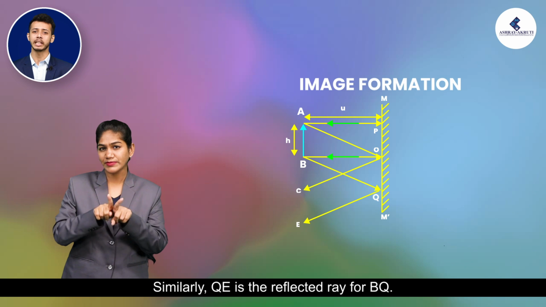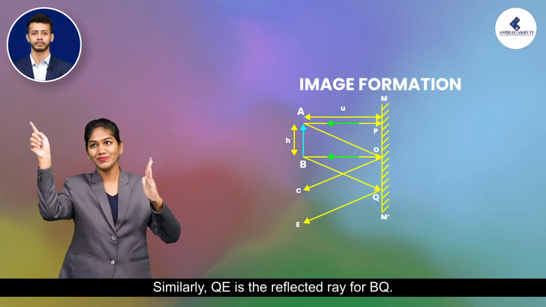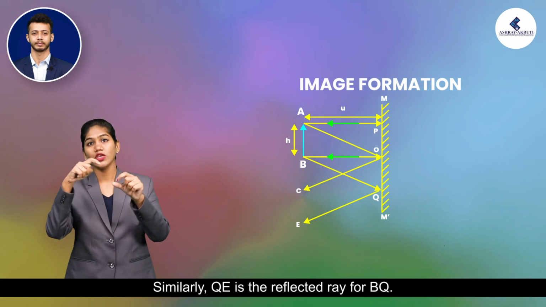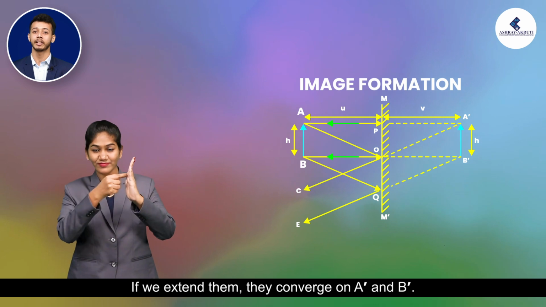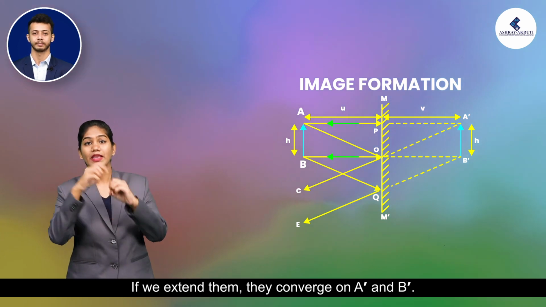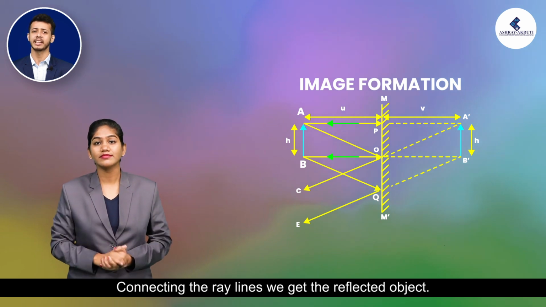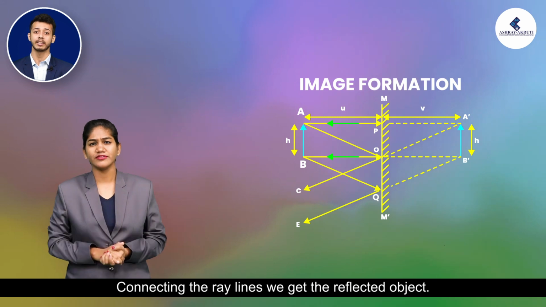Similarly, QE is the reflected ray for BQ. If we extend them, they converge on A dash and B dash. Connecting the ray lines, we get the reflected object.